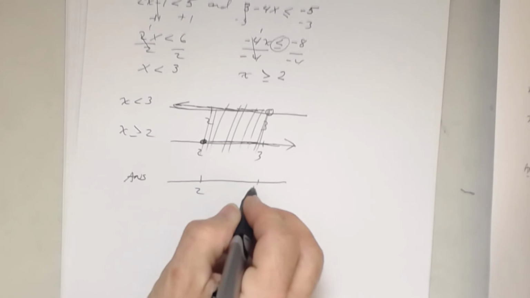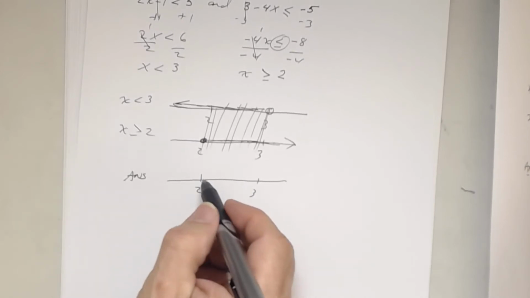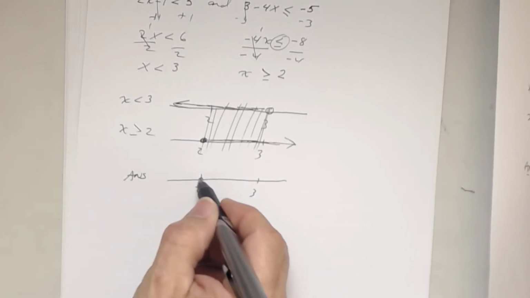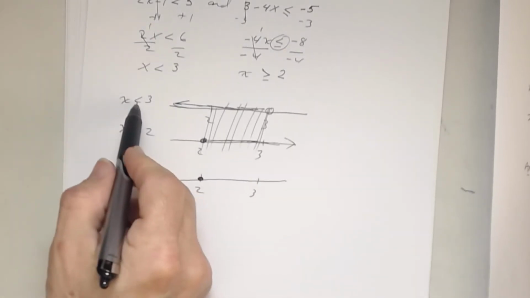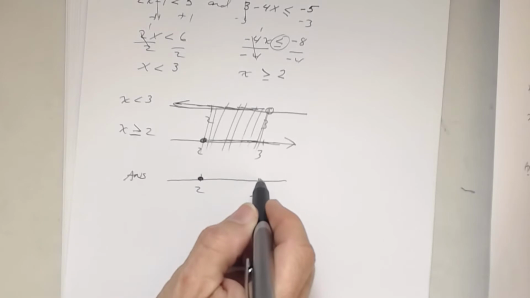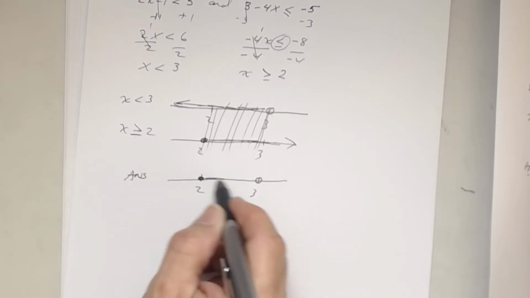So 2 to 3. At 2, open or closed? Closed, because of the equal sign right here. And then at 3, since there's no equal sign, we're going to use open. So that's the solution set to that compound inequality.